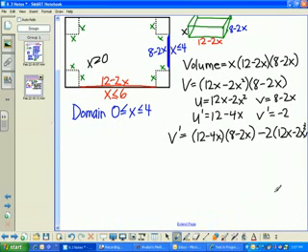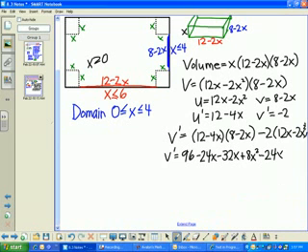so after using product rule, I will get this, and then I can FOIL these first two. And distribute the negative 2.